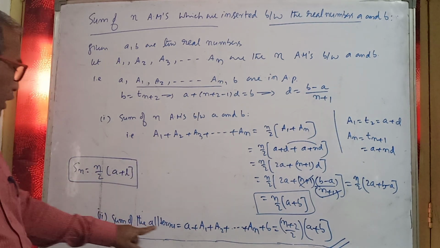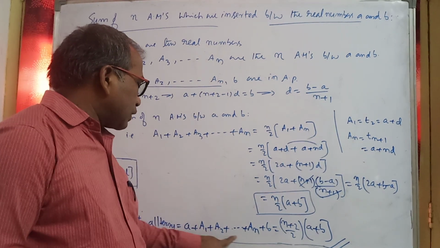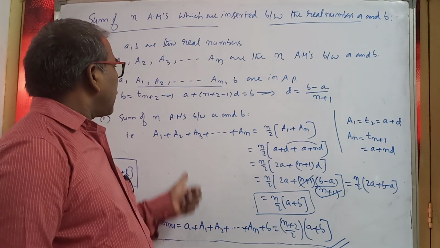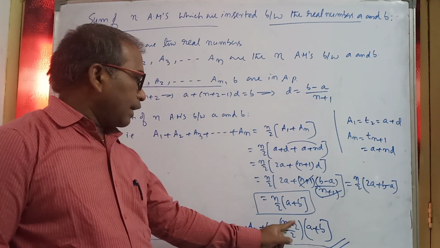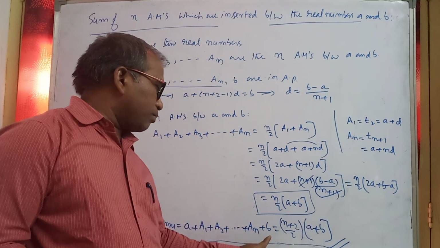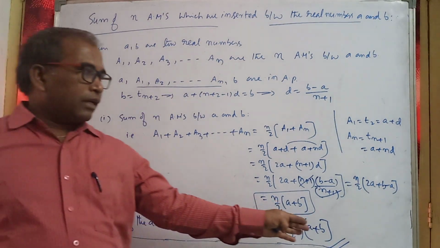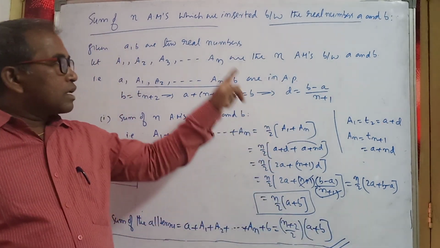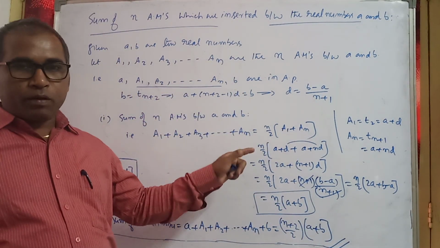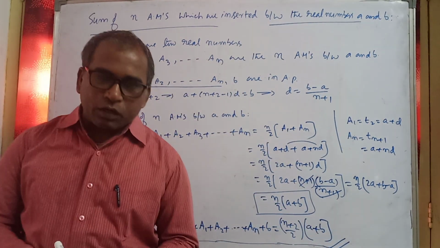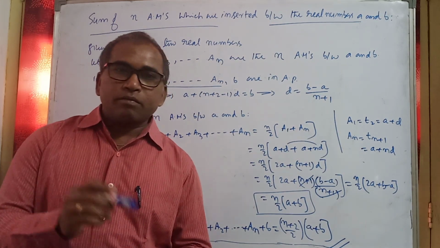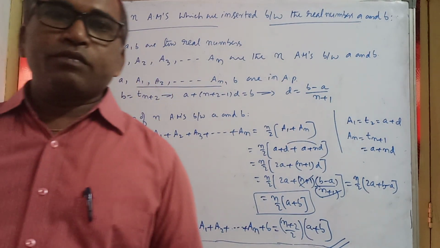Here in this series there are n plus 2 terms, so it is (n plus 2) by 2 into (a plus b), first term plus last term b. That's it. Okay, till here you should copy. Then next class I will do 2, 3, 4 problems regarding this, then we will go for geometric progression. Okay guys, please copy this. Thank you very much.